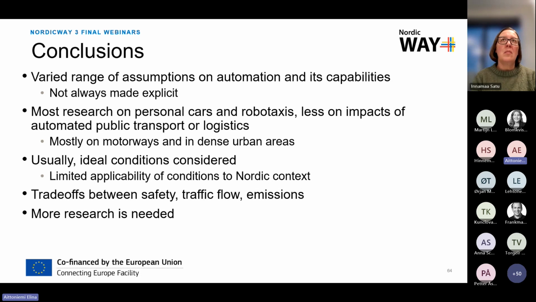But if they assume that they are shared robotaxis, so several people use the same taxi, and there's synergy in using these services when you're going in similar directions, then some studies also say that it can decrease, but they are not that often even taking into account where the robotaxis would be at night, for example.